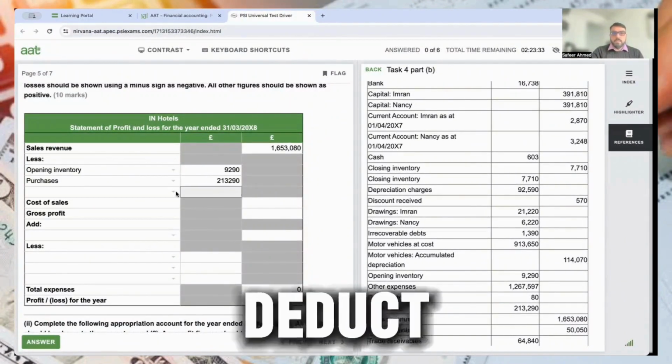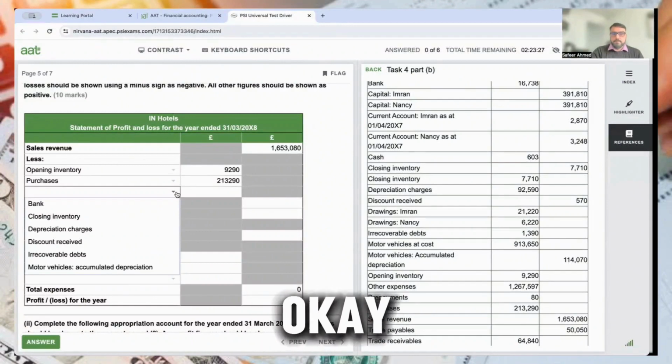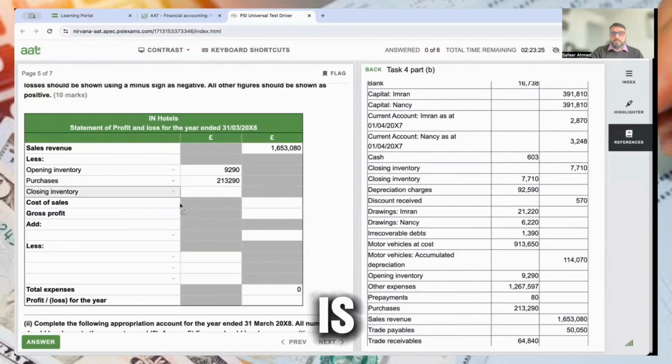And then what we deduct is closing inventory, of course. So the closing inventory is here, and the amount for that is 7710. And this will give us the cost of sales figure.